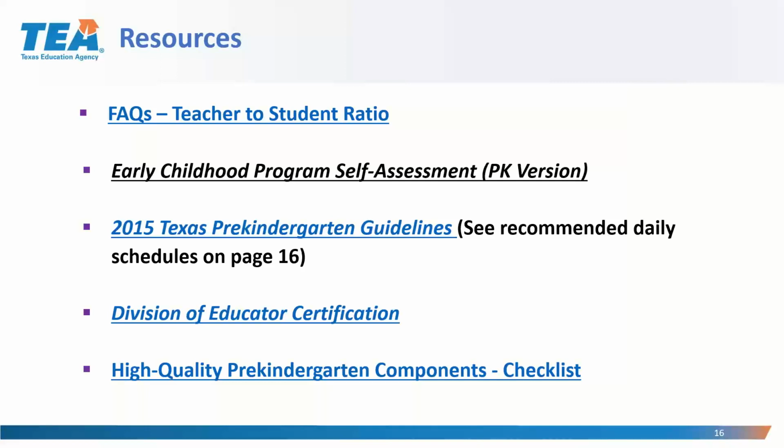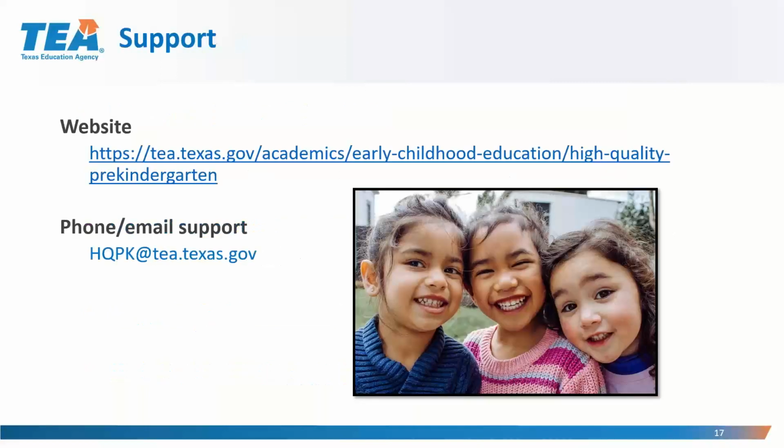And then finally, that link to that overall checklist for all of the high quality components is listed last. The Early Childhood Education Division of TEA is ready and very willing to support your efforts. So please do not hesitate to visit our website and don't hesitate to contact us when needed.